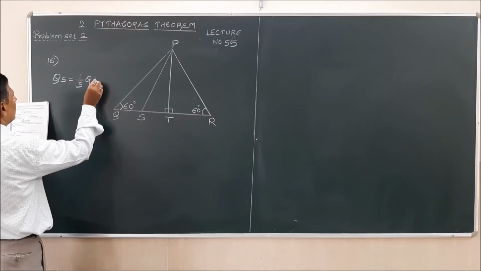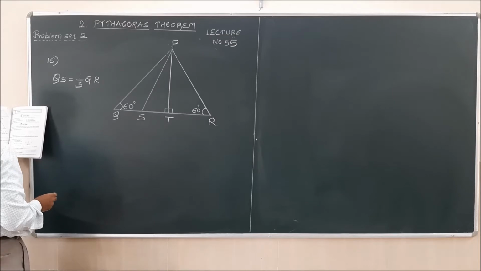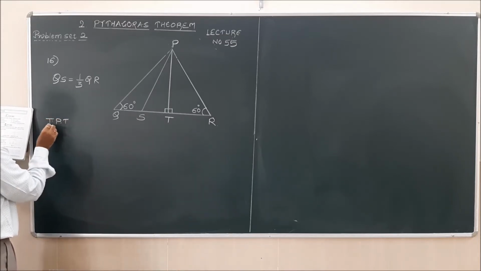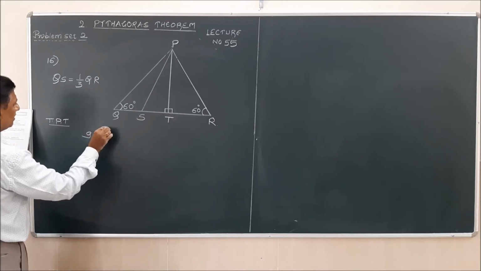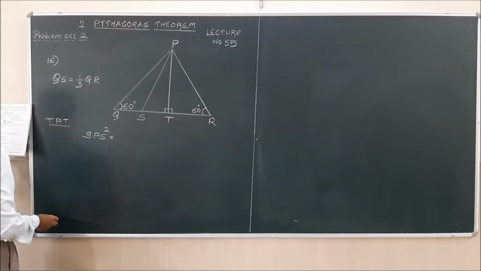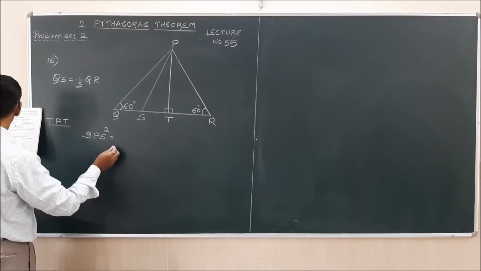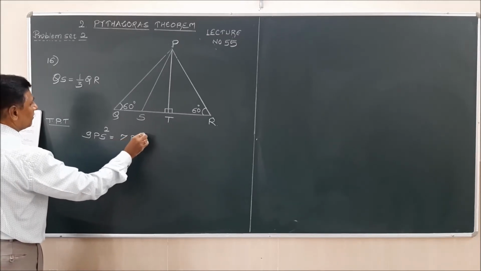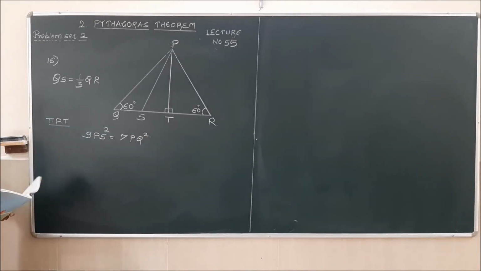Prove that 9 PS square is equal to 7 PQ square.